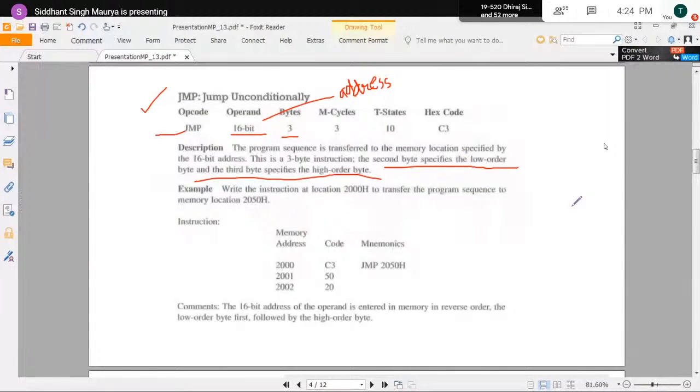Here they have given an example: the memory addresses are 2000, 2001, 2002, and if I load C3, which is the opcode of jump, and then 50 20. So what is going to happen after 2002? The program execution will jump to the address specified by this, so it will jump to 2050.